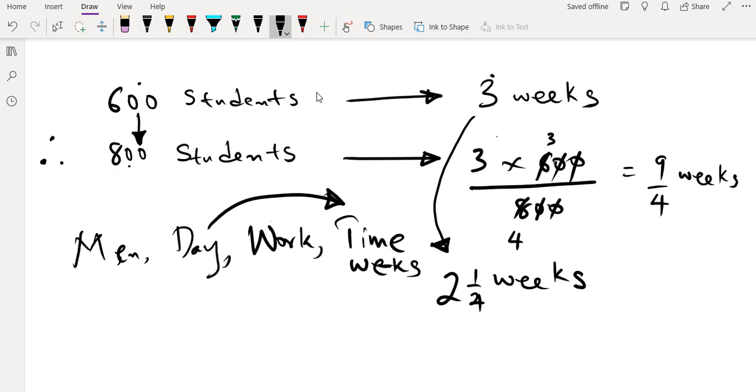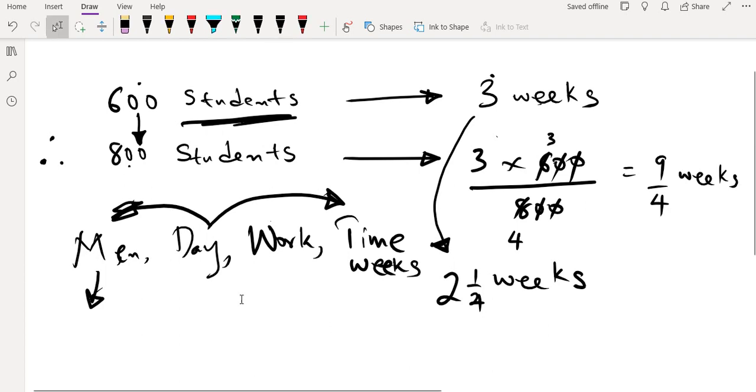So you'll be hearing things like this. Men in this case represents students. Weeks in this case represent days or time. Do you get that? When you're hearing things like so and so number of students or 3 girls doing a piece of work for 5 days, your mind should tilt towards indirect proportion. Is that okay?